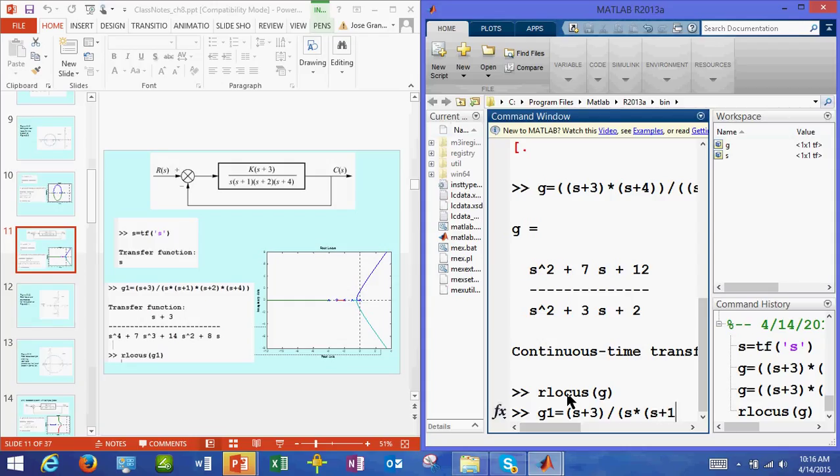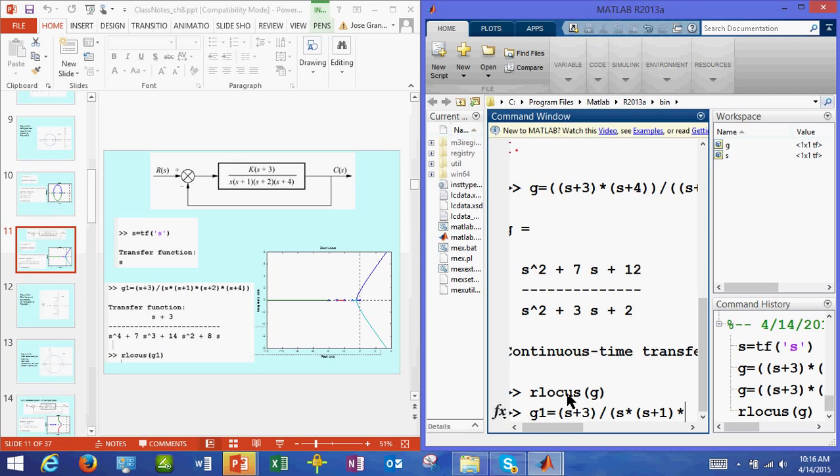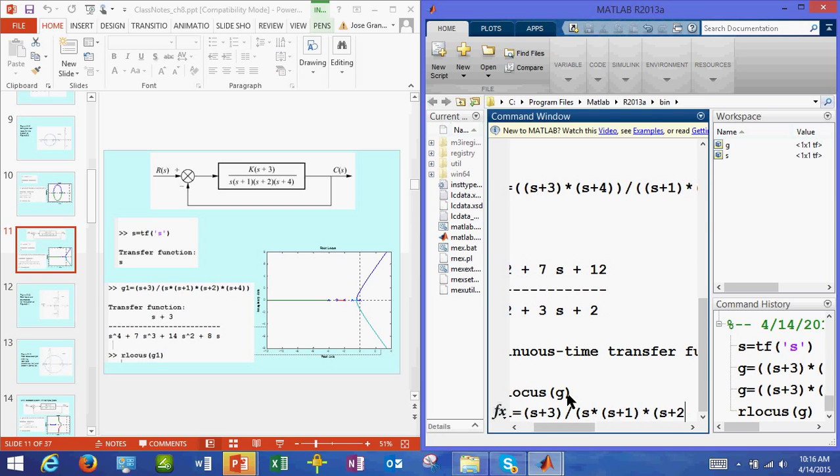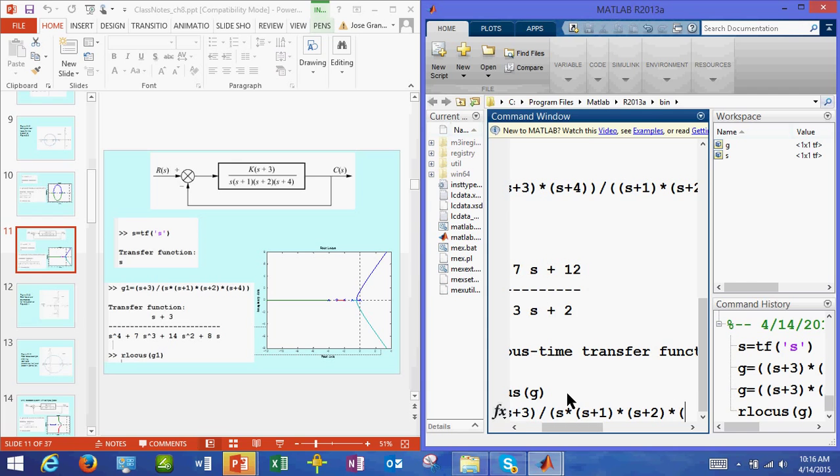And then you have star like this. And then s plus 2. And then the star over there. And then you have a final one, which would be s plus 4. And then we close the parentheses.